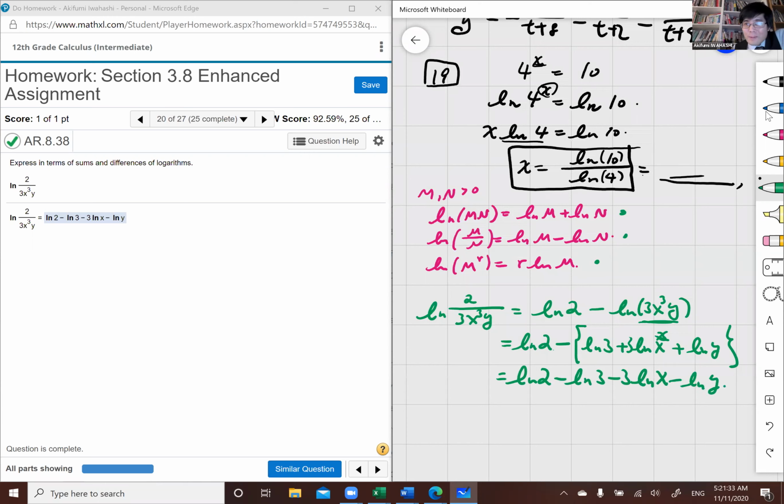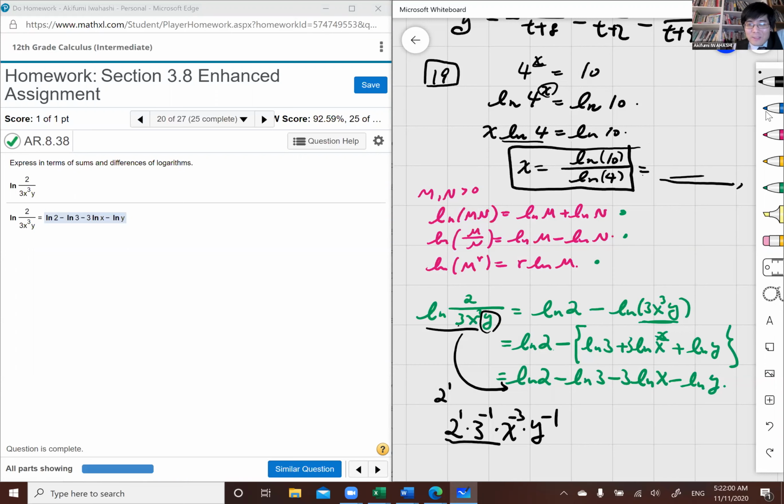Well, I took several steps, but I hope you can do this in one step, from here to here. Note that this is 2 to the power of 1. And this is in the denominator, so it's 3 to the power of -1. And this is also in the denominator, so it's x to the power of -3. And this is also in the denominator, so it's the same thing as y to the power of -1.